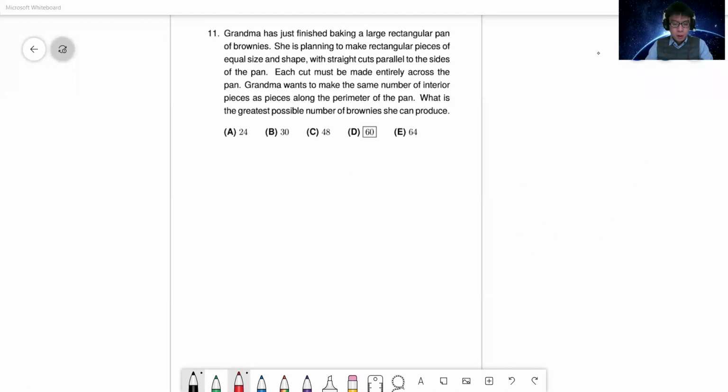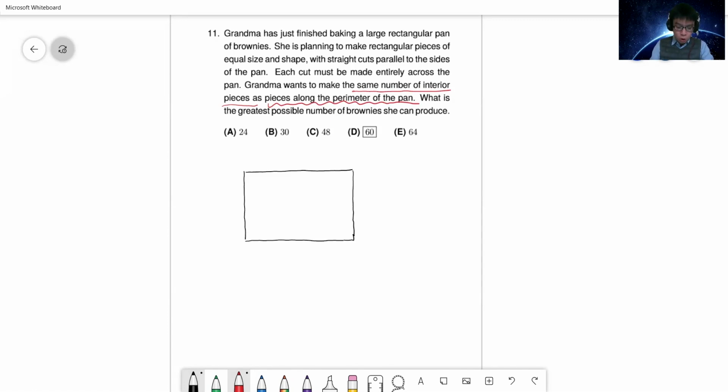Question 11. So grandma finished baking a large rectangular pan of brownies, and we want to cut this into equal-sized small rectangular pieces. So we want the number of interior pieces to be equal to the number along the perimeter of the pan.